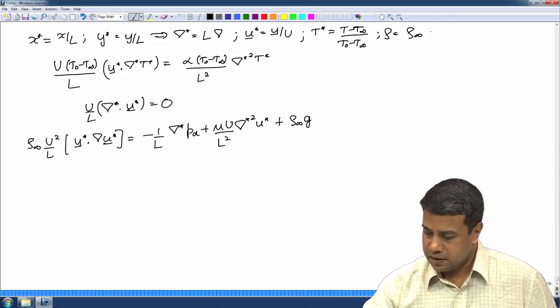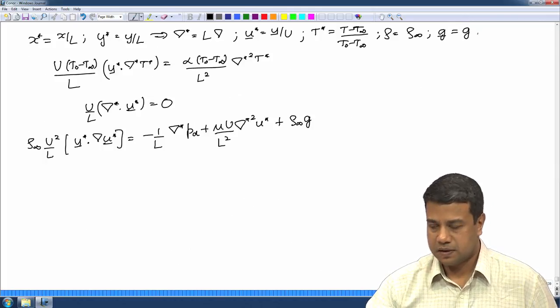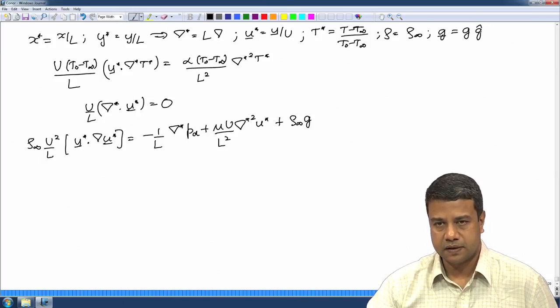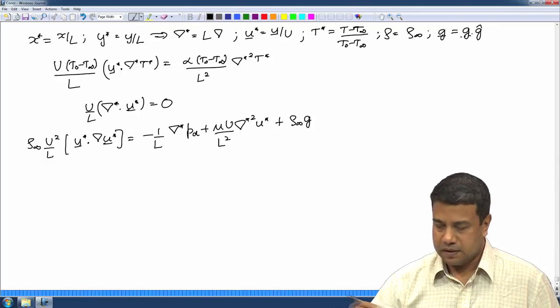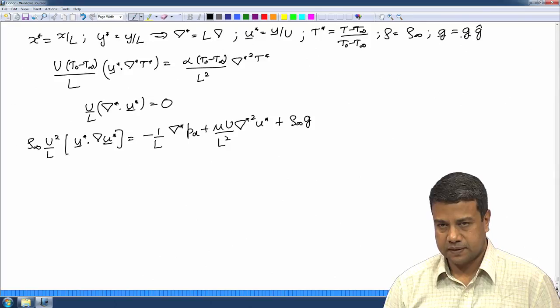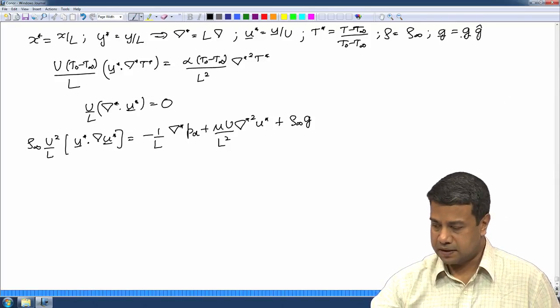I have to also scale g. I will write the acceleration due to gravity as its magnitude times a unit vector in the direction of the gravitational field. So, g, the scalar g, is the magnitude of the acceleration due to gravity, and this is a unit vector in the direction of the gravitational force.